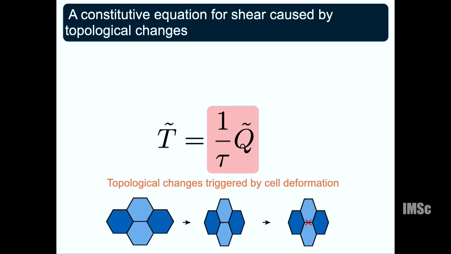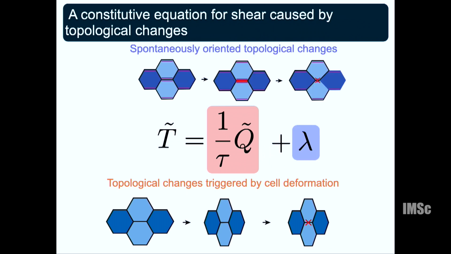So the first thing is we say that if we introduce cell elongation, if there is cell elongation happening, that can also change the T1 transitions. So it can depend on the cell elongation. And of course, to match the dimensions, because there is a rate, I have to put a tau here, which you can think of as the relaxation time scale of the cell elongation. However, I can also have a contribution which is purely chemical in nature, or active.